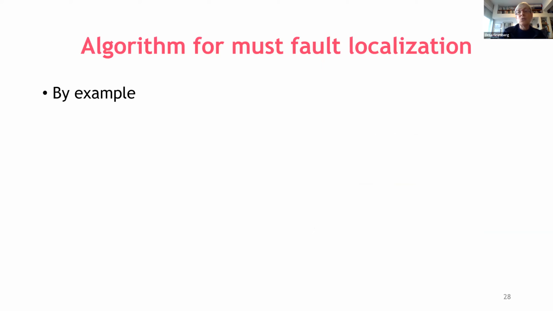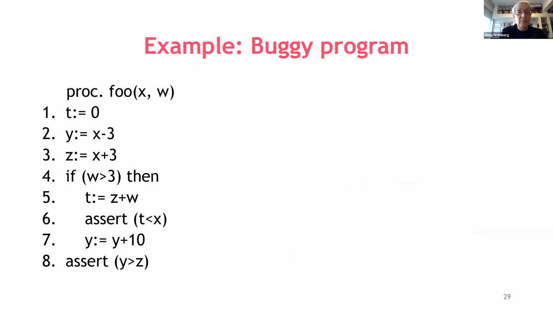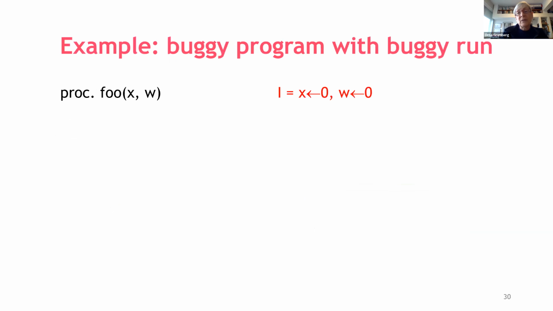So let's see how Must fault localization is constructed by example. Assume that we are given the following program, and it has a bug, and we'll show a specific bug. Let's say that we start with input in which x is 0 and w is 0, and now assigning t to 0, we have t equals 0 as well.